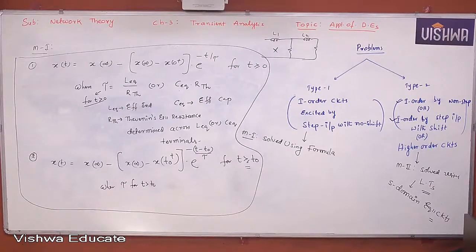Second type of problems: first order circuits excited by a non-step function, that means ramp, parabolic, impulse, otherwise. Or first order circuit only, but excited by step input with shifting, U of t minus 2, U of t minus 10, like that. Or else higher order circuits. Any of these will fall under type 2.